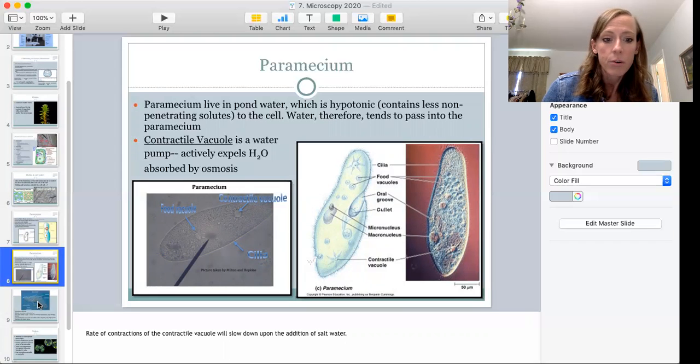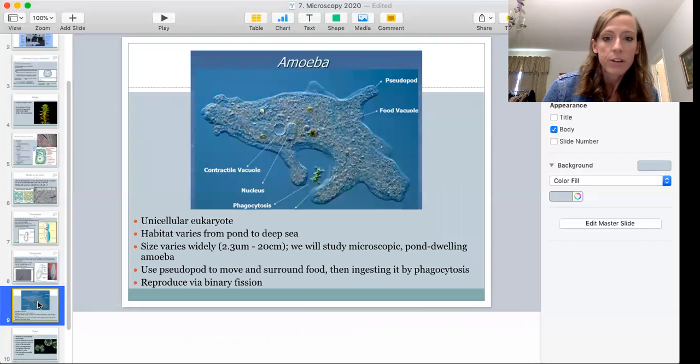The third organism that we will look at is the amoeba. The amoeba is another unicellular eukaryote, and these vary a lot in size, structure, and habitat. They can live anywhere from pond to seawater.